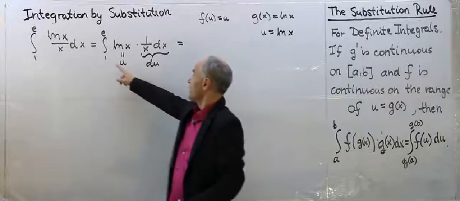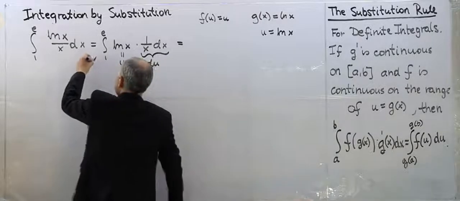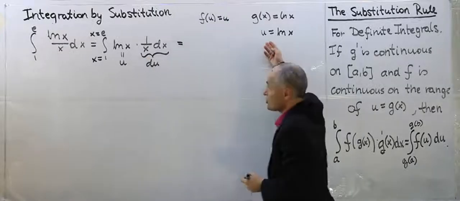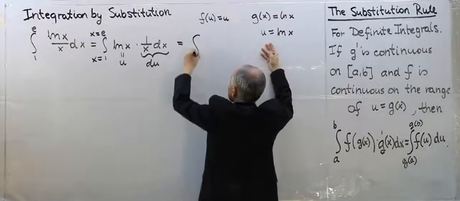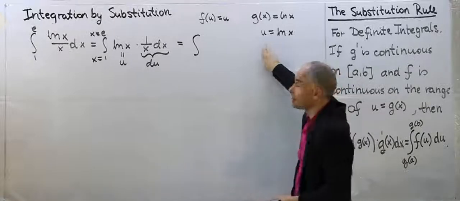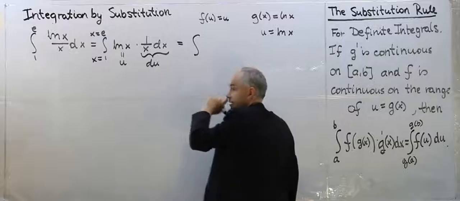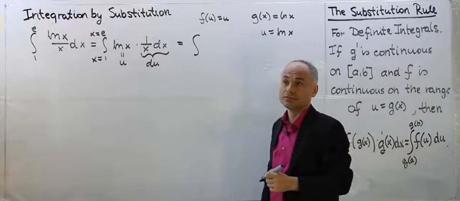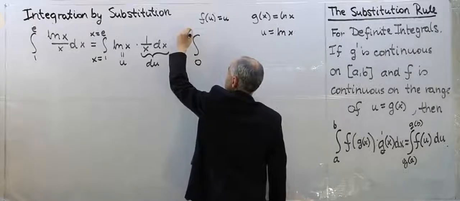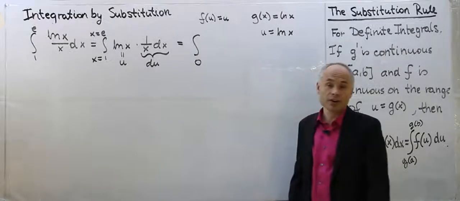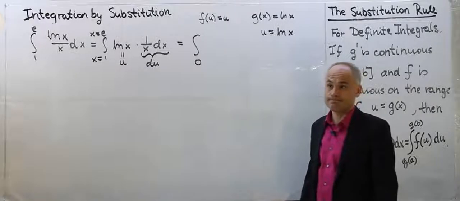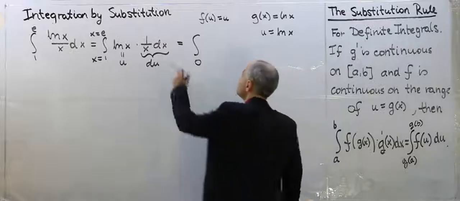So if x changes between 1 and e, then u will change between, if x is 1, then u is equal to ln of 1. What's ln of 1? It's 0. And ln of e? The natural logarithm of e. E to what power gives you e? 1, right?